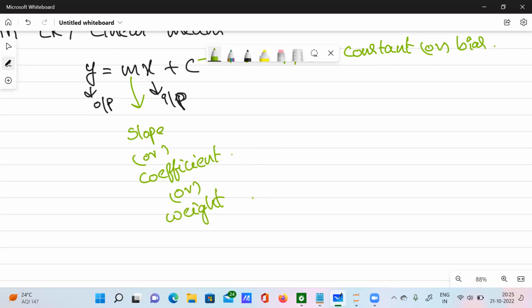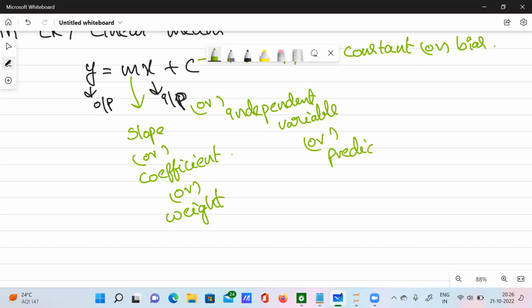Okay. So you can also call this particular x the input value, or the independent variable, or the predictor variable.